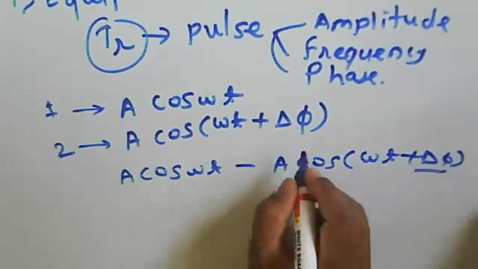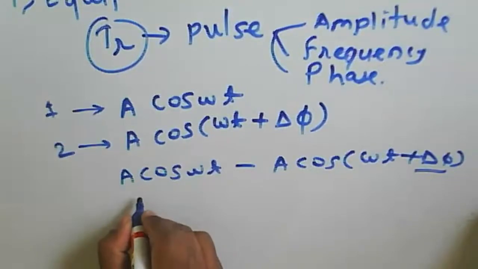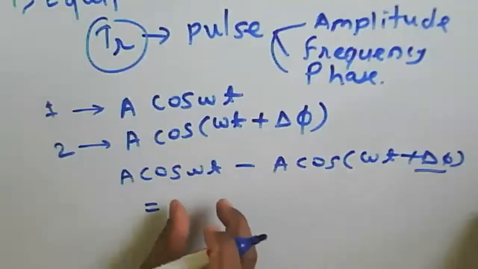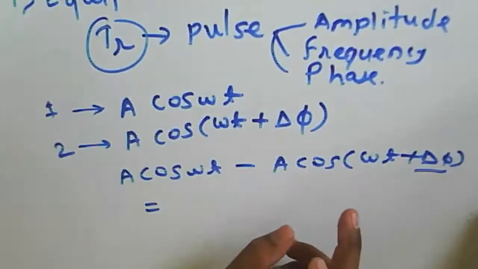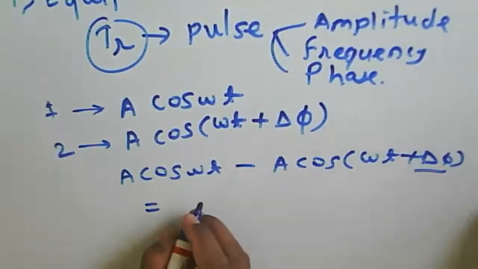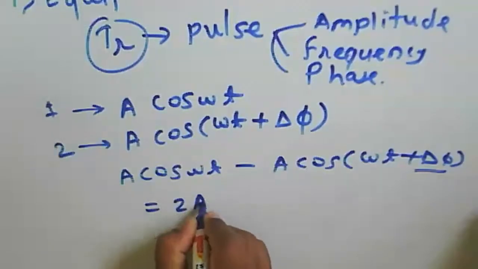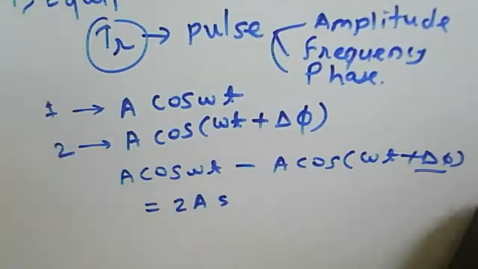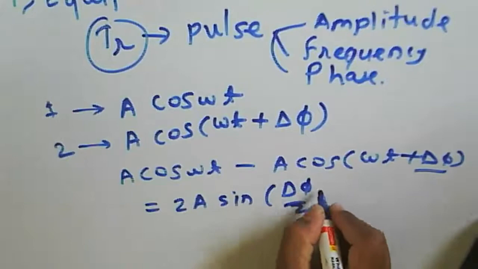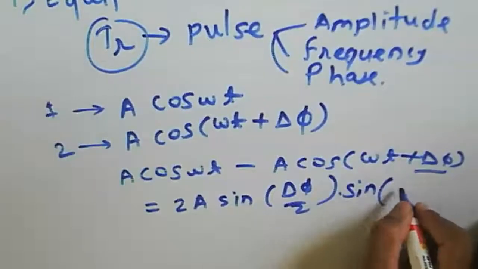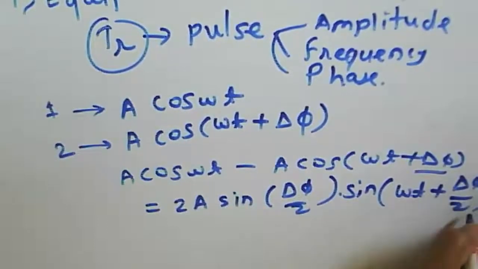If you solve it using the trigonometric identity, we get twice A sine of del phi by 2 times sine of omega t plus del phi by 2.